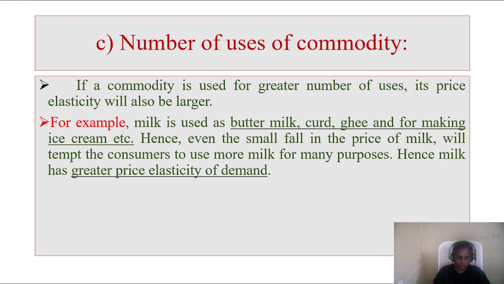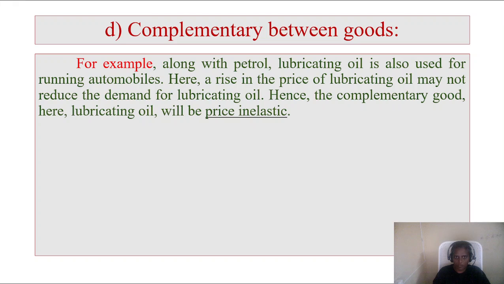Then the next one is complementarity between goods. We have seen substitute goods and also complementary goods. Complementary goods are commodities which are related to each other.